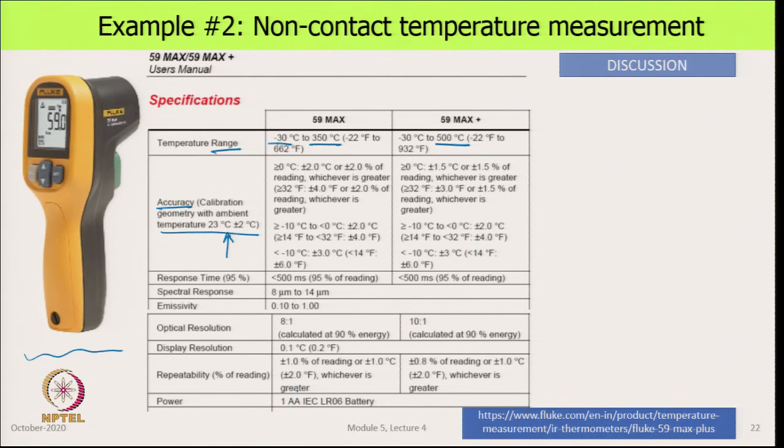And what it says here is for temperatures less than minus 10 degrees Celsius, accuracy is plus minus 3 degrees Celsius. Between minus 10 and 0 degrees Celsius, the accuracy is plus minus 2 degrees Celsius. And for temperatures greater than 0 degrees Celsius, the accuracy is 2 degrees Celsius or plus minus 2% of the reading, whichever is greater.